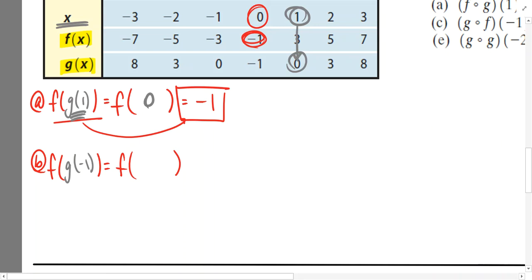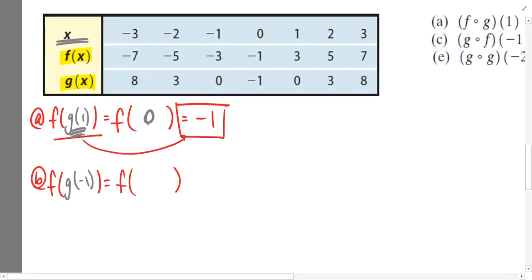So g composed at -1, and I'm going to erase this so that it doesn't get too messy here. G composed at -1 ends up being 0 as it was before. That's kind of interesting. And now we evaluate f at 0, and that also comes out to be -1 because f evaluated at 0, we already saw this once before, is -1.